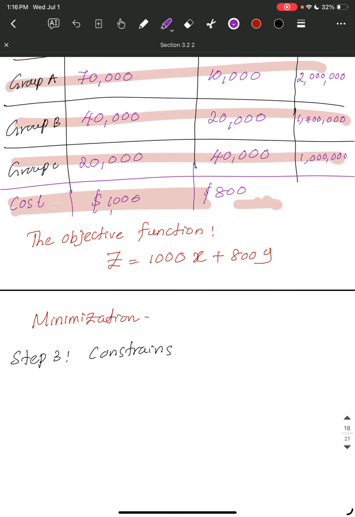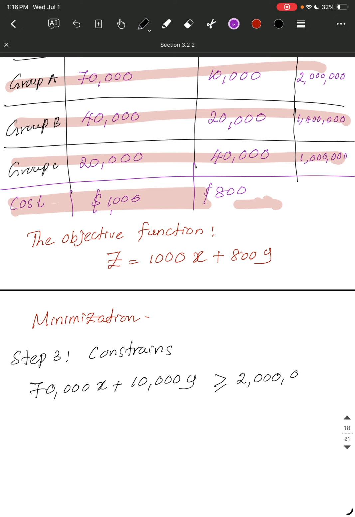Okay, let's quickly write it down. 7,000x plus 10,000y greater than or equal to, at least 2 million, right? It can be greater than 2 million also.